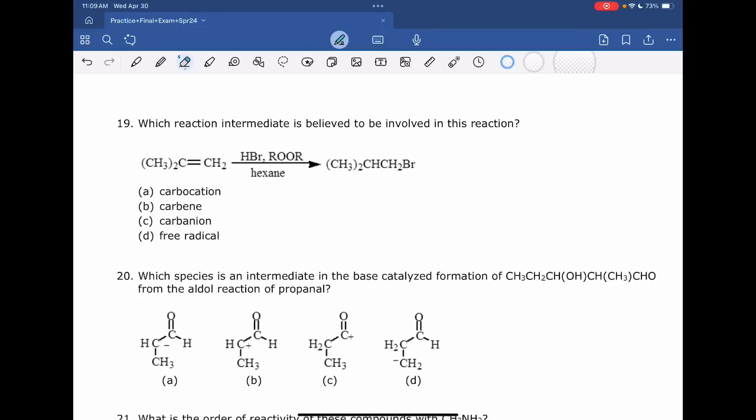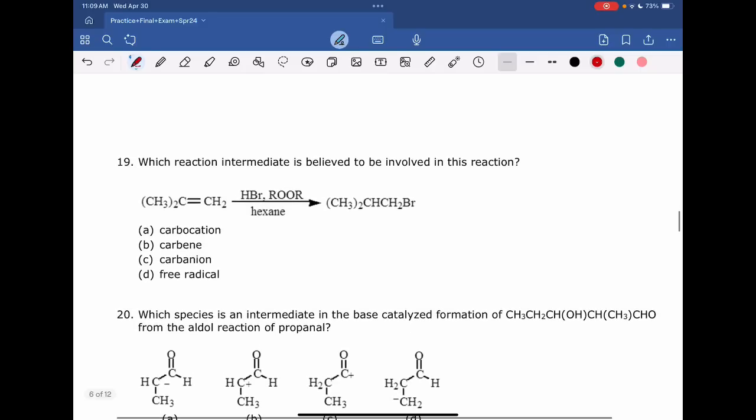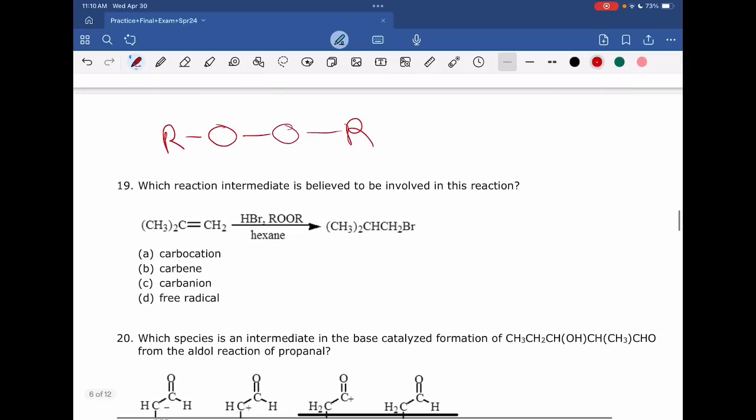Okay, so for 19, which intermediate is believed to be involved in this reaction? We are adding HBr to a double bond, anti-Markovnikov because we're using peroxides. I don't think we covered this a lot, but whenever you see peroxides, it usually means radicals.